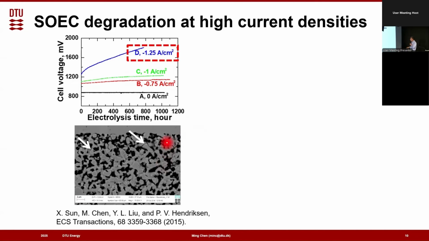So this is a microstructure of the nickel electrode. It's a mixture of nickel and YSZ phase, and the black phase is the pore phase. You can see after this operation, the nickel and nickel-YSZ detach from each other.